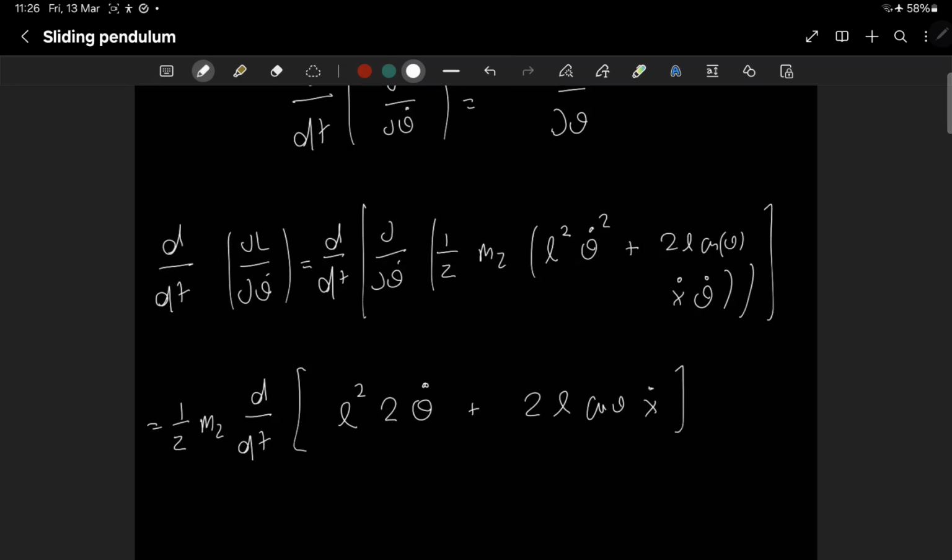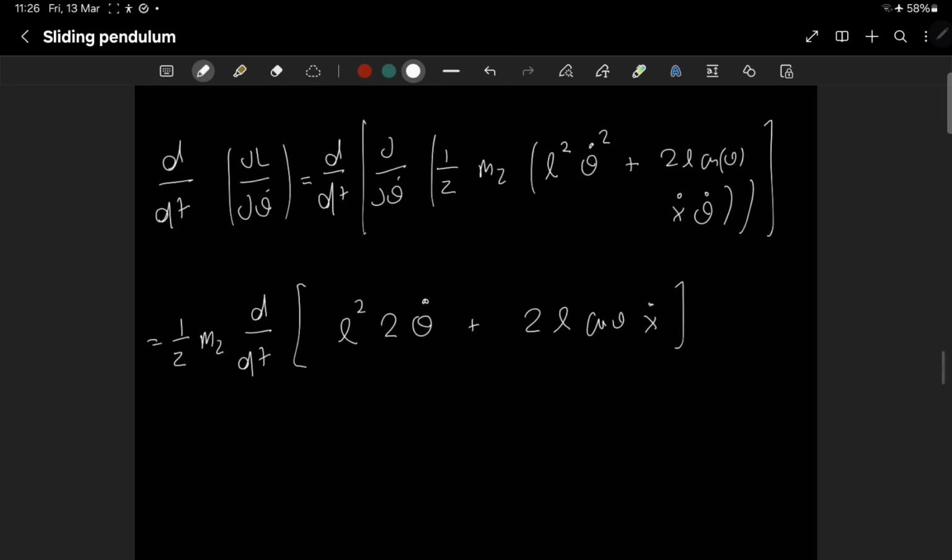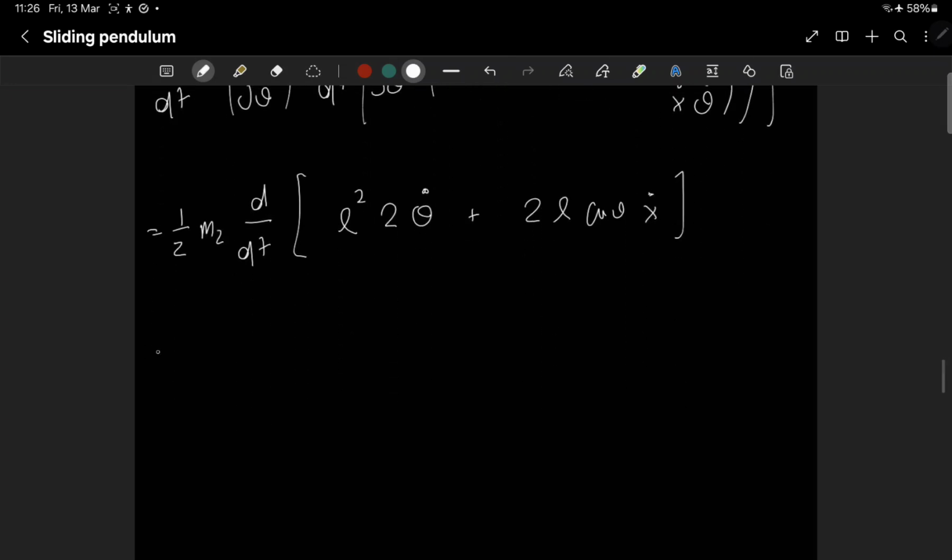Let's check again. 1/2 m2 L squared 2 theta dot, and over here I have 2L cos theta x dot. Yes. So now we can take the time derivative. So this is 1/2 m2, L is constant, the 2's cancel, and these cancel.